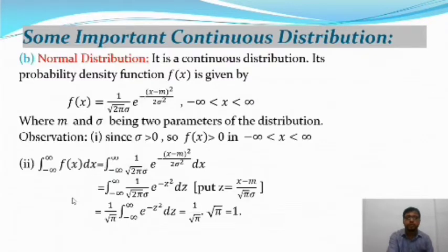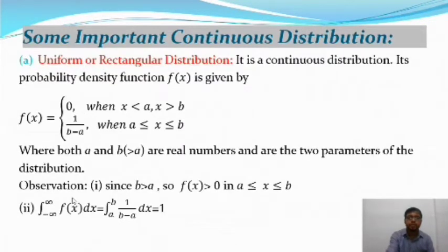Therefore the integral value from minus infinity to plus infinity of f(x) dx will be the integration over a to b of 1 by (b minus a) dx. After integrating, we get the value 1.